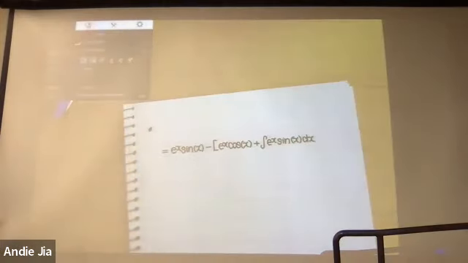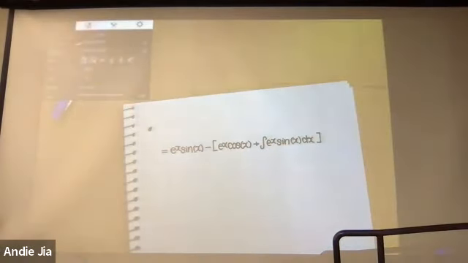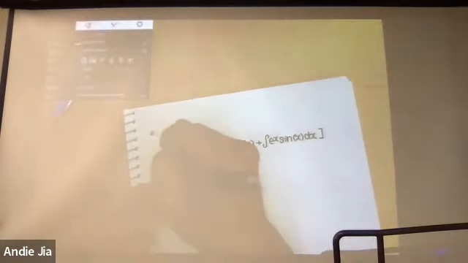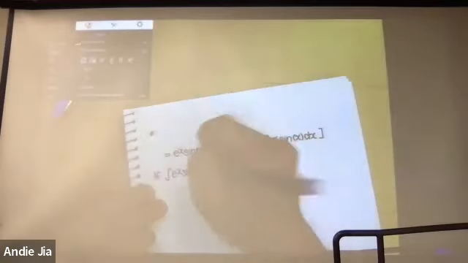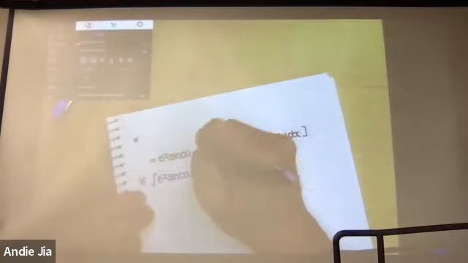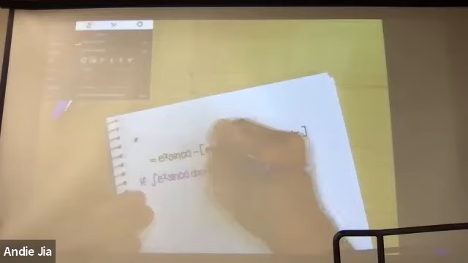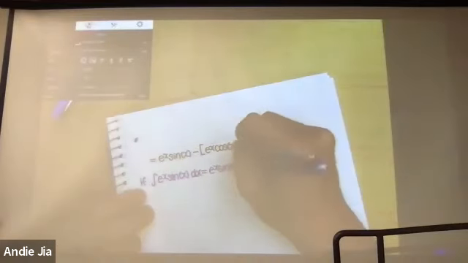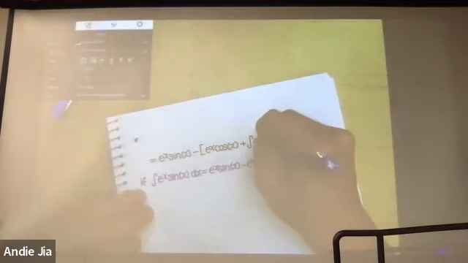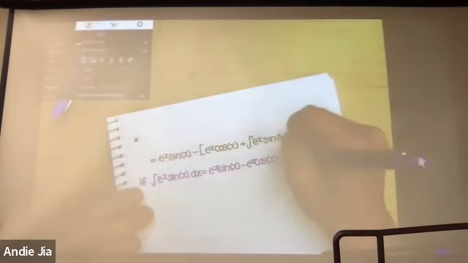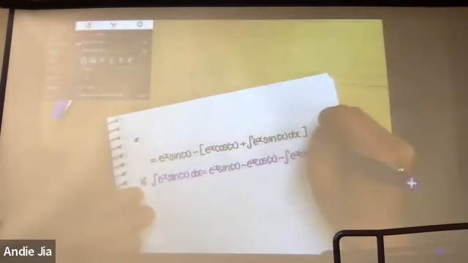Now here's the magic. If the integral, let's say, of e^x sine of x equals e^x sine of x minus e^x cosine of x minus the integral again of e^x sine of x dx.